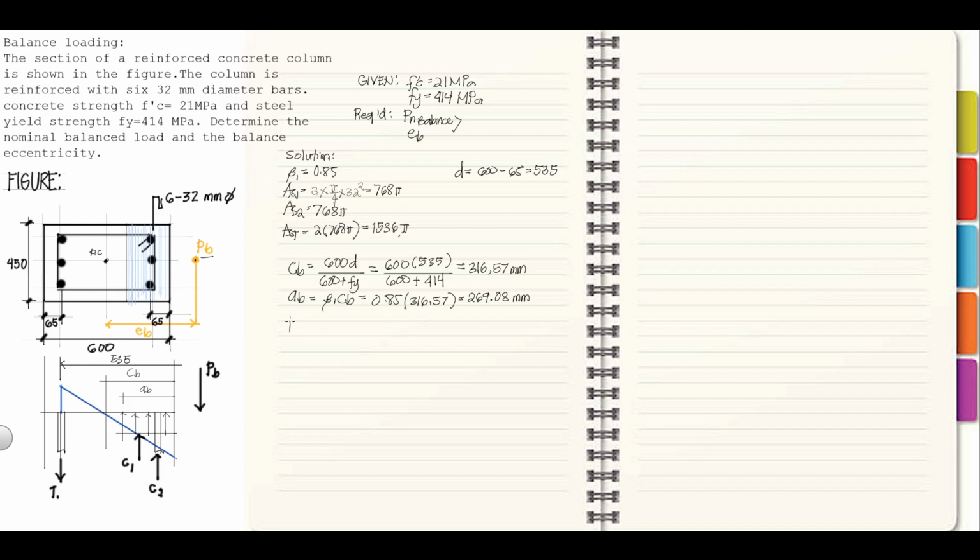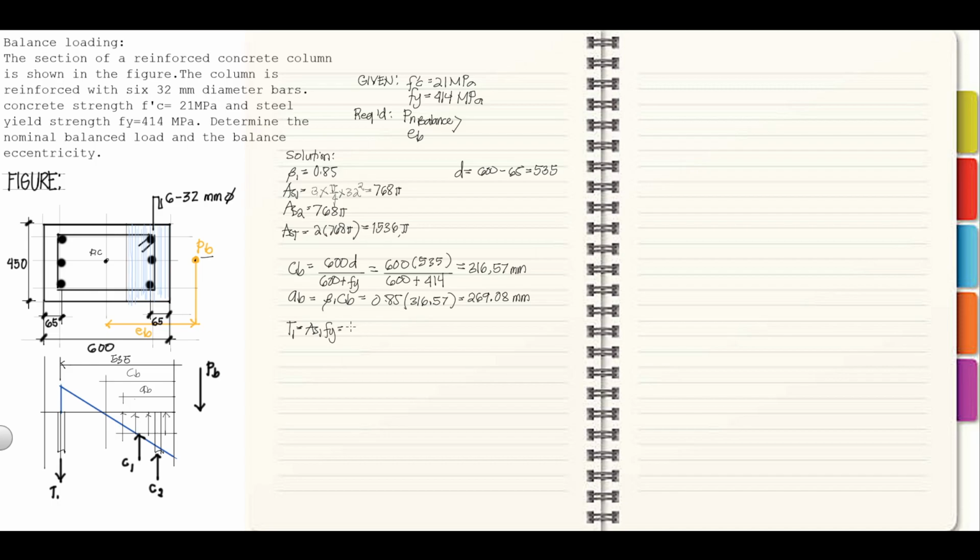So, for T1, we can get the force for T1 now. So, balance loading to. Okay? Take note, balance loading, ibig sabihin nag-yield yung steel kasabay ng pag-yield ng concrete. So that's the T1 now, will have a formula AS1 Fy. Okay? Ulitin natin. So AS1 Fy. Okay? So bakit Fy? Kasi nag-yield nga. Okay, sa tension side. That's our T1. Okay?